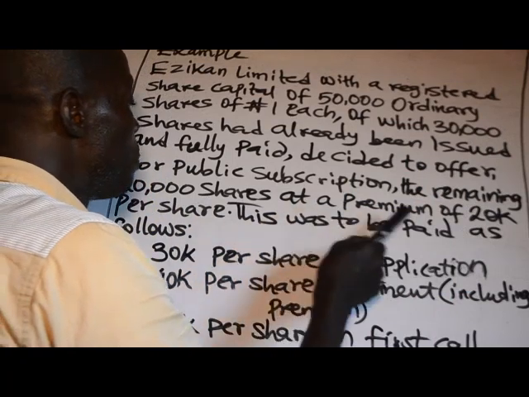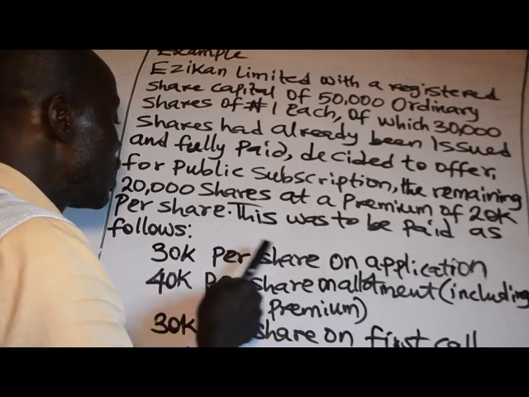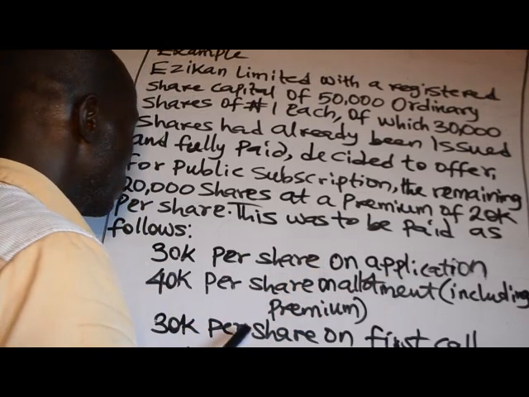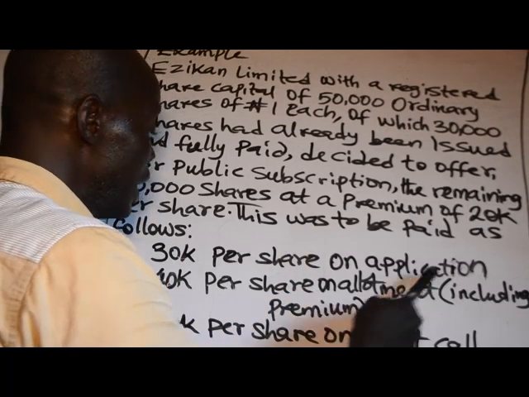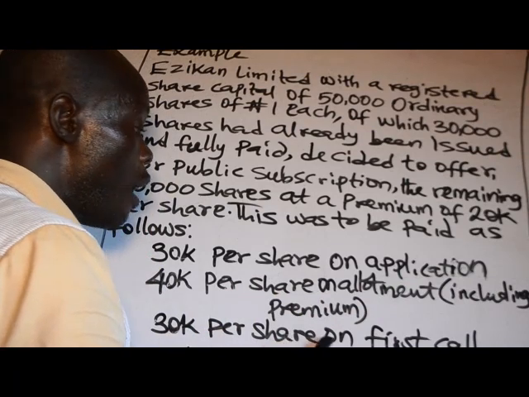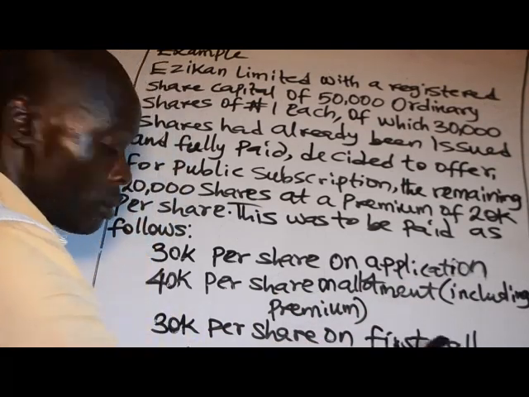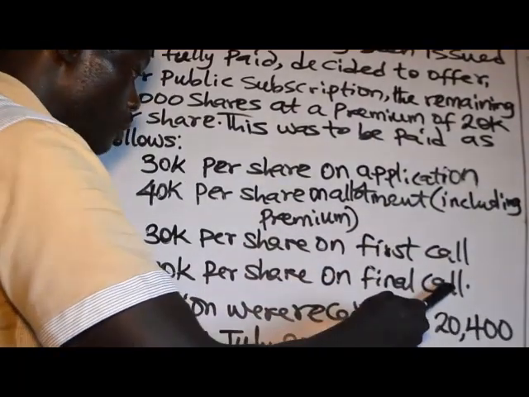This was to be paid as follows: 30 kobo per share on application, 40 kobo per share on allotment including premium, 30 kobo per share on first call, 20 kobo per share on final call.